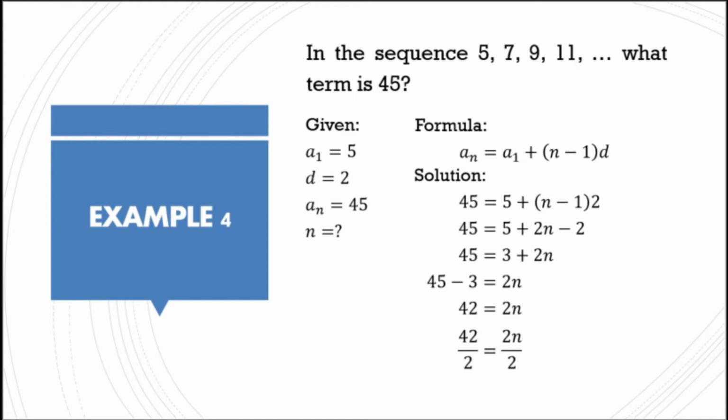So we have 42 divided by 2, which is equal to 21. And 2n divided by 2 is equal to n. Therefore, the value of n is 21. In the sequence 5, 7, 9, 11, 45 is the 21st term.